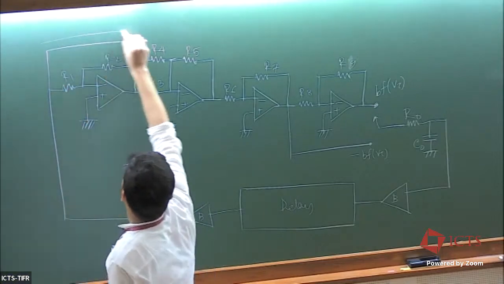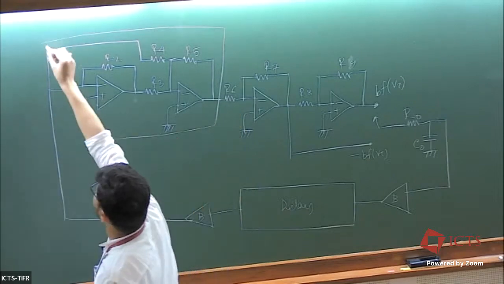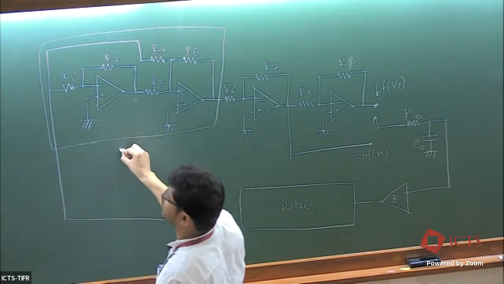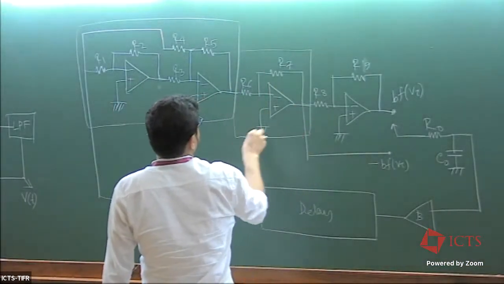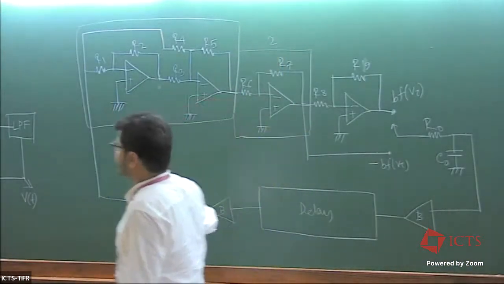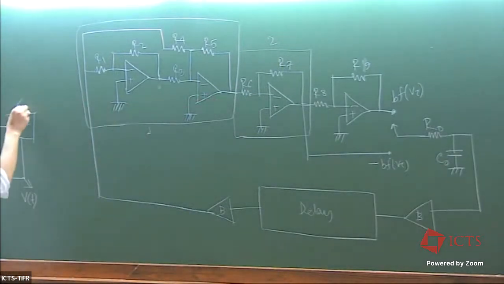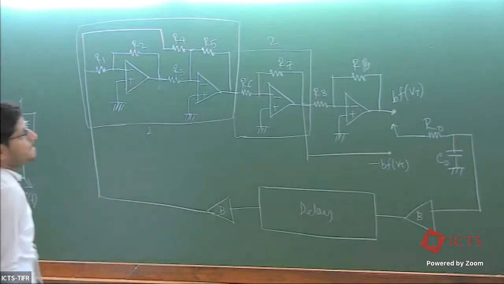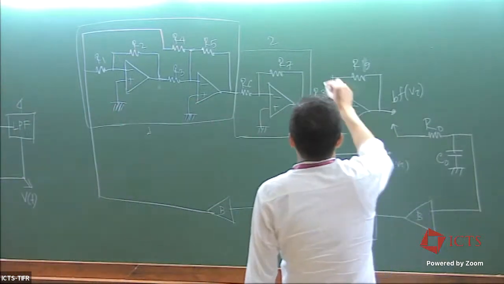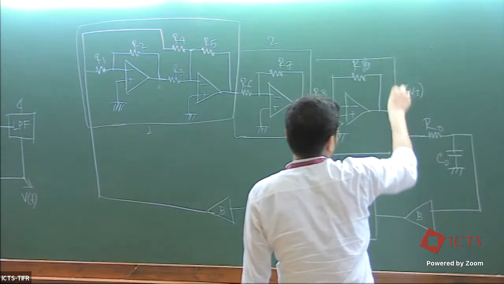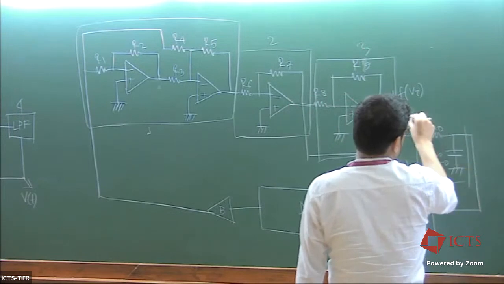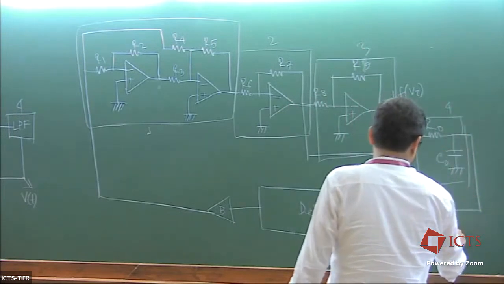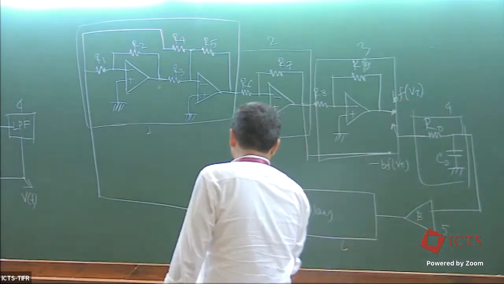So this portion actually is number one. This one is gain, number 2. This one number 3, number 4, 5, 6, 7. This one number 3, this one number 4, this one 5, this one 6, and this one 7.